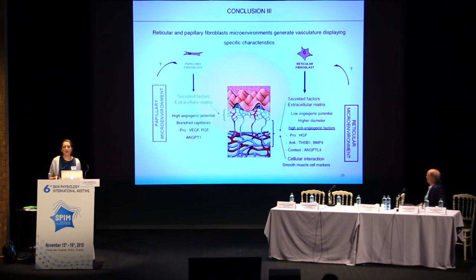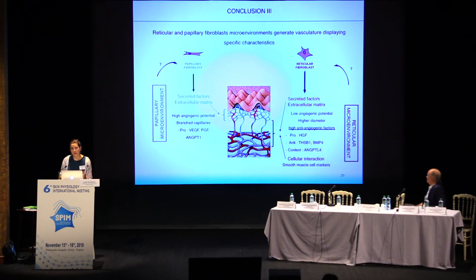So to summarize what we learned with this study, using 2 models of angiogenesis, we demonstrated that papillary and reticular fibroblasts have different angiogenic properties. This is due to a higher angiogenic potential in the papillary compared to the reticular one. Plus, by generating their own microenvironment in vitro, they can reproduce some of the features that are characteristic to cutaneous blood morphogenesis.